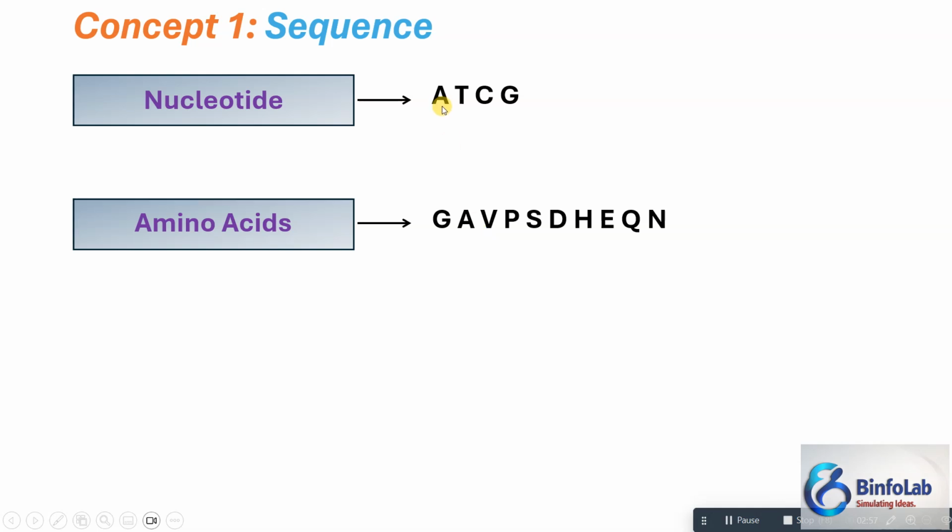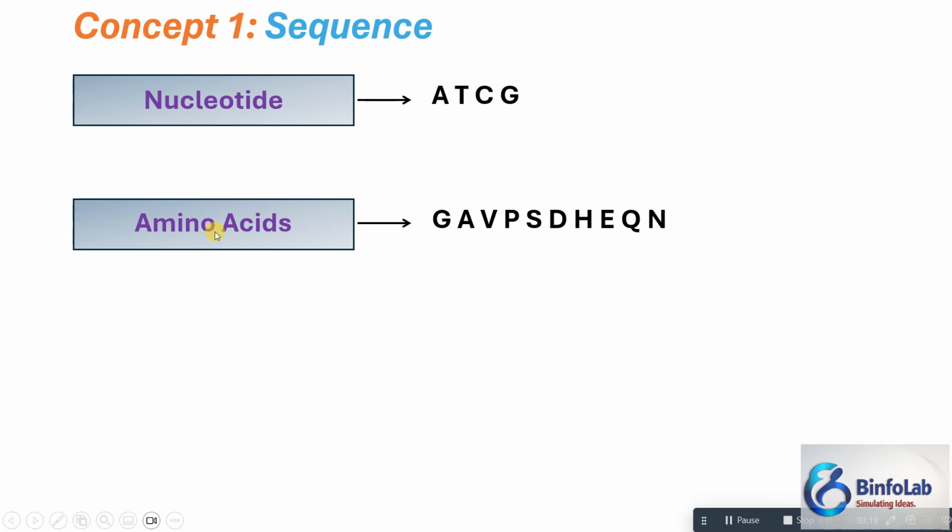This is a nucleotide sequence. If you see a sequence that is composed of A, T, C, G or A, U, C, G kind of characters or alphabets, then you can say this is a nucleotide sequence.